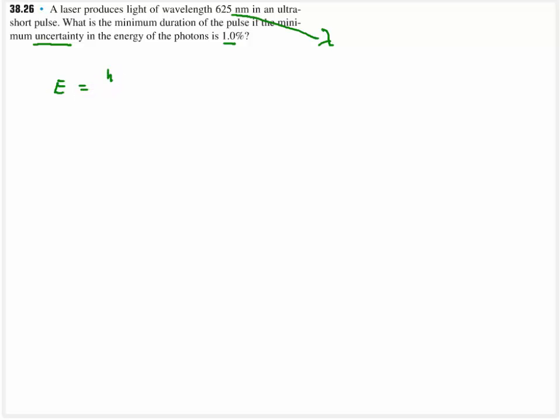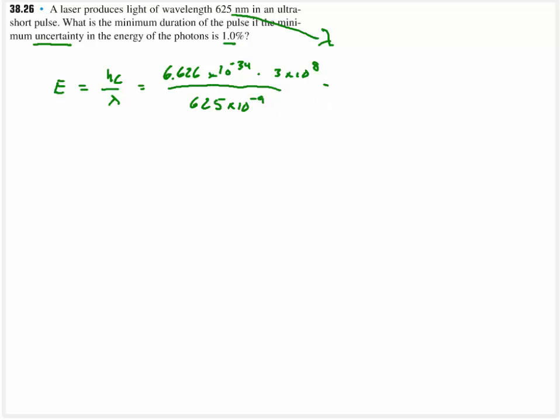So we're going to say E is equal to hc divided by lambda, or 6.626 times 10 to the minus 34th, multiplied by the speed of light, 3 times 10 to the 8th, divided by the wavelength, 625 nanometers.